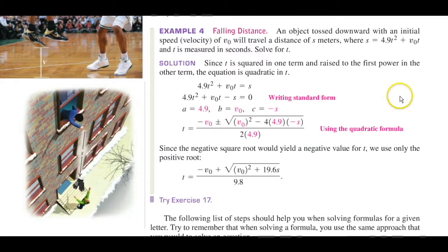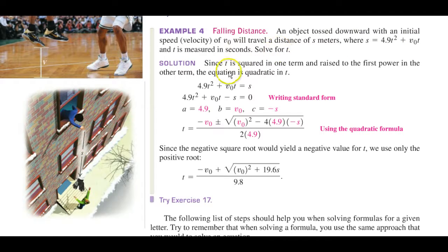Okay, here's a falling distance, and we had done some like this, where an object tossed downward with an initial velocity of this. This is your initial velocity. It will travel a distance of s meters, where s is this, with your initial velocity and t.